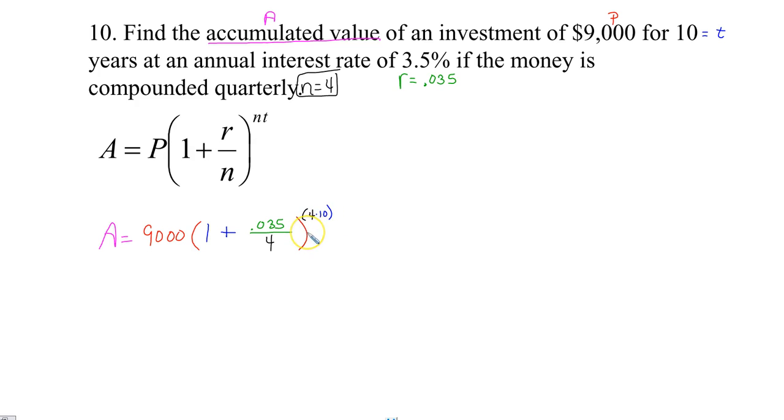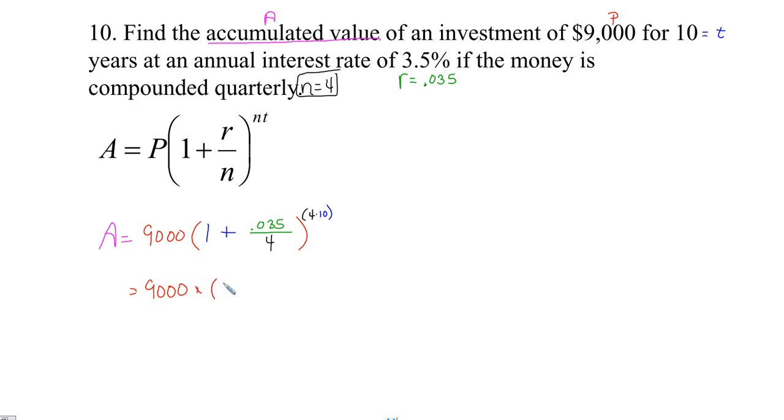I can't pull up the calculator to show you, but I'm going to write all of the steps down, and then I'm going to give you the final answer that you're going to need, and I may give you some pieces along the way so that you can do pieces of this. You can actually put all of this into your calculator at once. So you would say 9,000 times, and then open a parentheses.